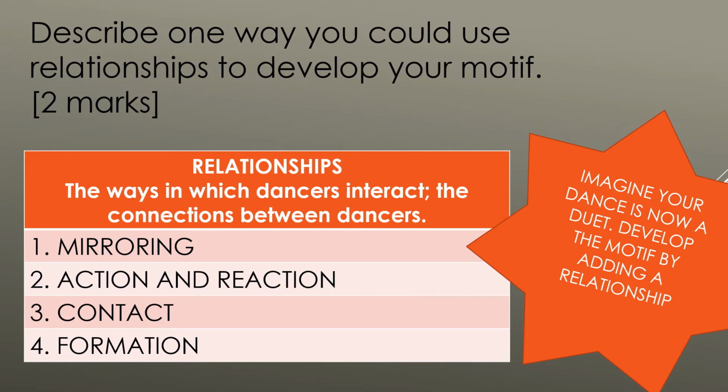I have chosen mirroring, action and reaction, contact, and formation. These are 4 relationships I have chosen because I know that we have previously studied these. So have a quick think of how we can define each of these relationships, or if you remember using any of these relationships in practical classes.